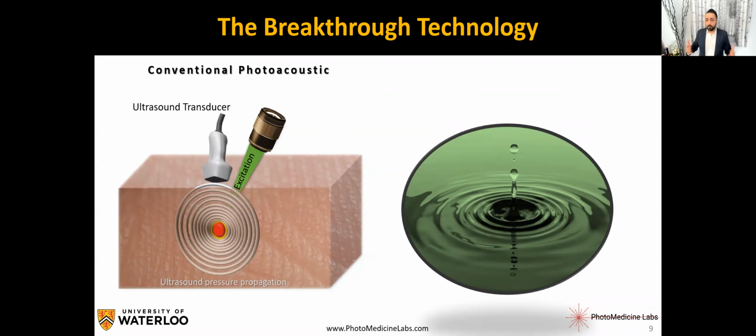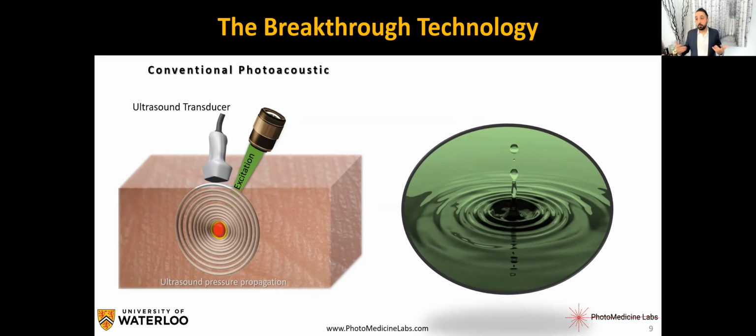So before I start introducing PARS technology and explain how PARS can be an ideal optical resolution photoacoustic microscopy, let's just remind ourselves how general photoacoustic works again. So the excitation laser needs to be focused. As I mentioned, usually it cannot penetrate more than 1 millimeter.